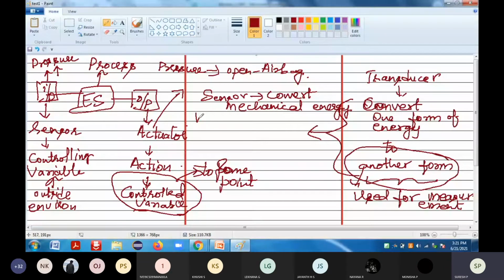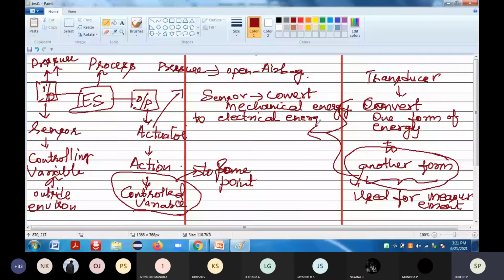Whereas your actuator does the reverse process. If we take the sensor, it converts mechanical energy to electrical energy.